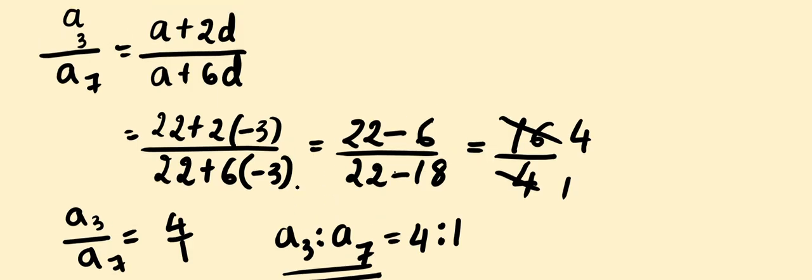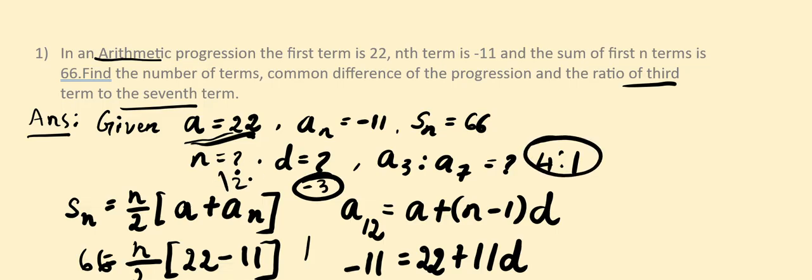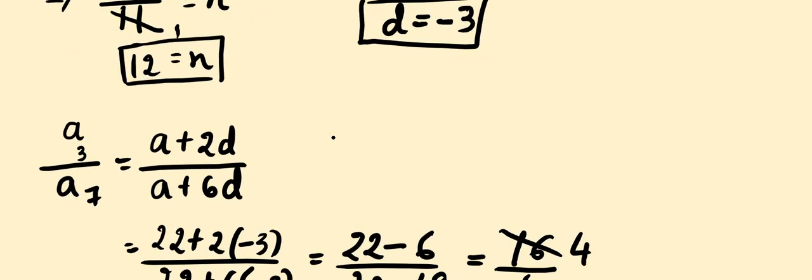Okay, so we have found n, that is 12, d, that is minus 3, and a3 is to a7, that is 4 is to 1. Correct? I hope you understood this.